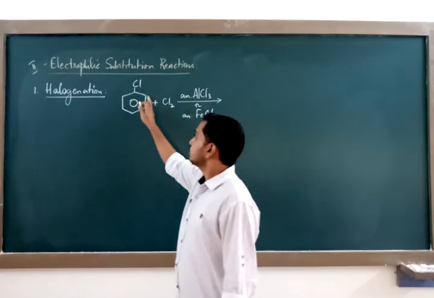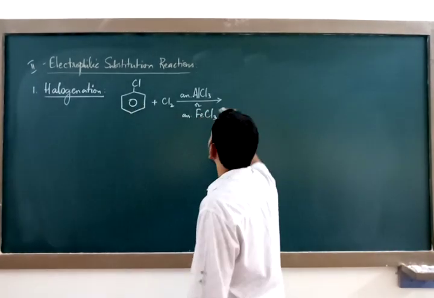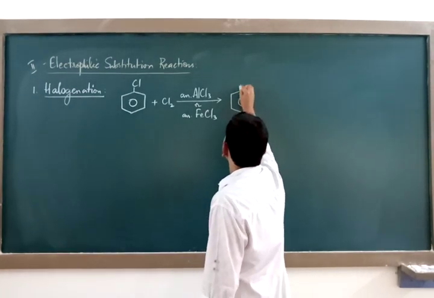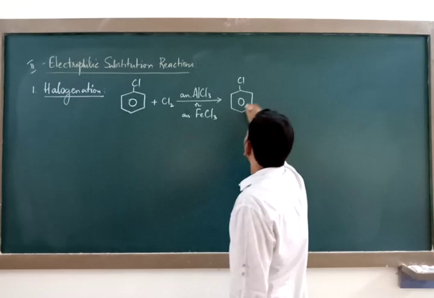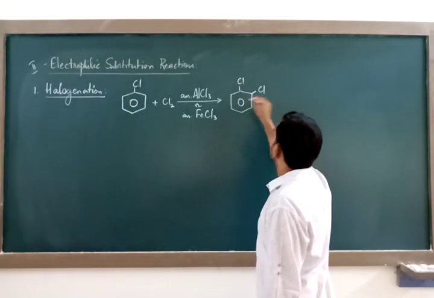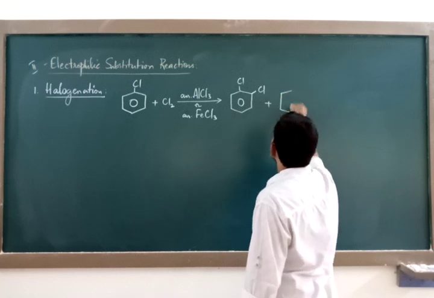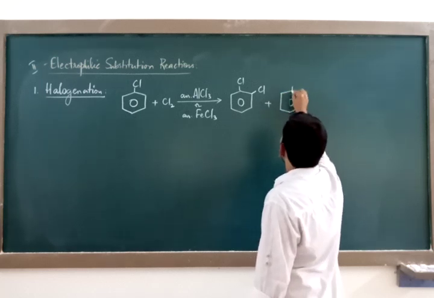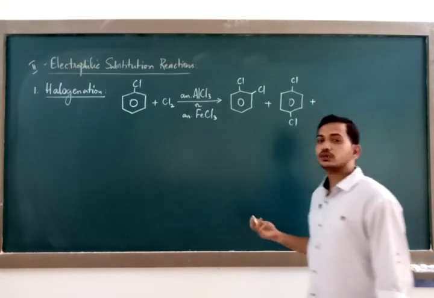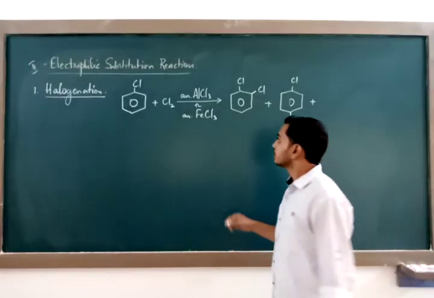One should be at ortho, the other should be at para. So you will get two products, that is one ortho dichlorobenzene and para dichlorobenzene. You can write in this form, or else you can write their IUPAC names also.